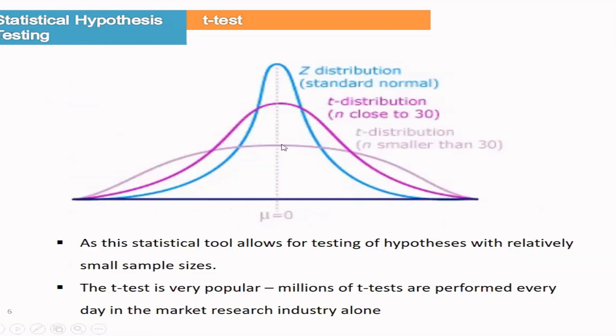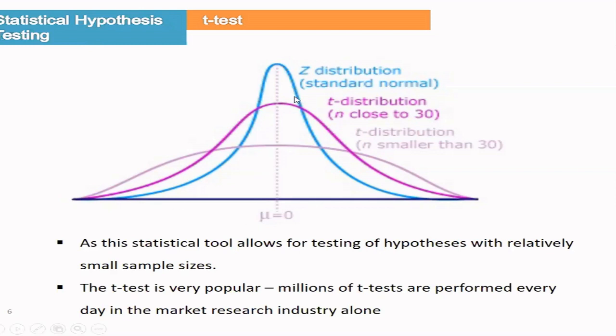See, this is the z distribution or t distribution. So the t distribution has wider tails. When the sample size becomes less than 30, we get the t distribution, and the tails are wider on both sides. The t distribution is very popular, especially for market research and many other cases, because you can use the t distribution or t-test for small samples.